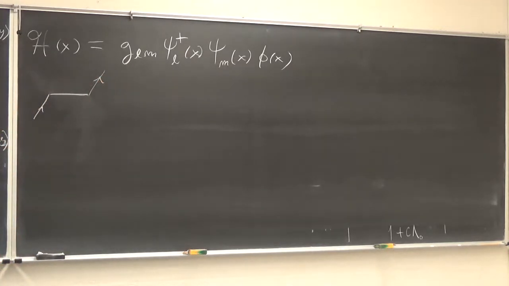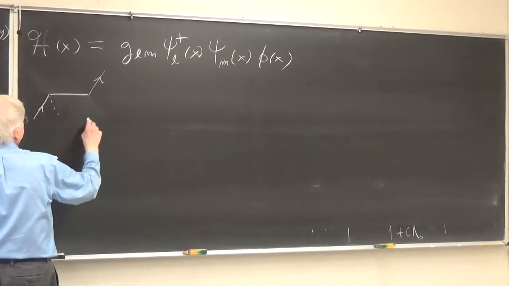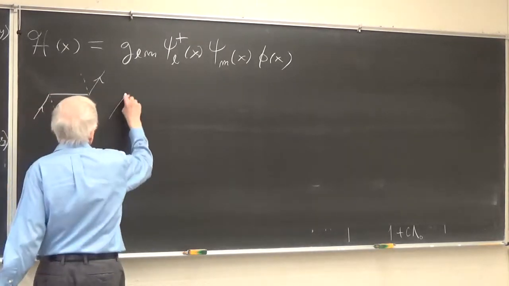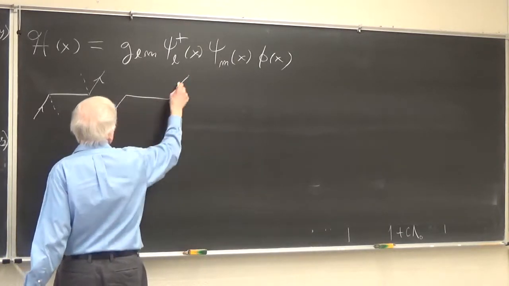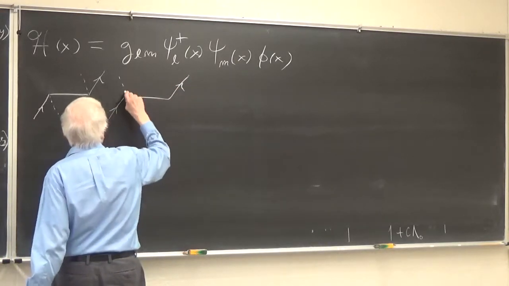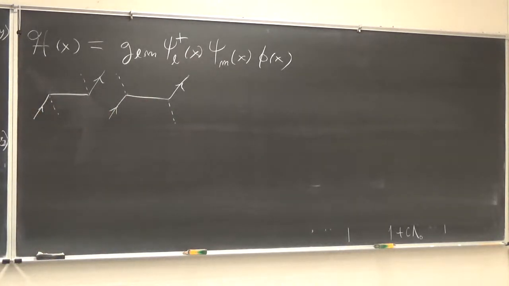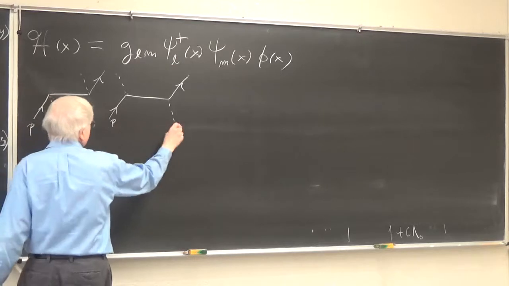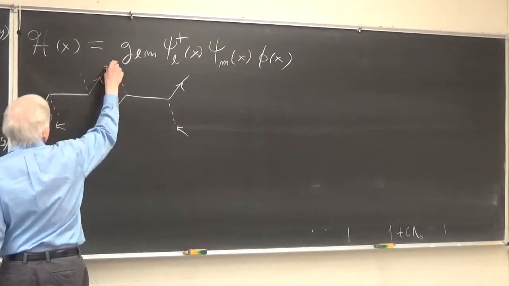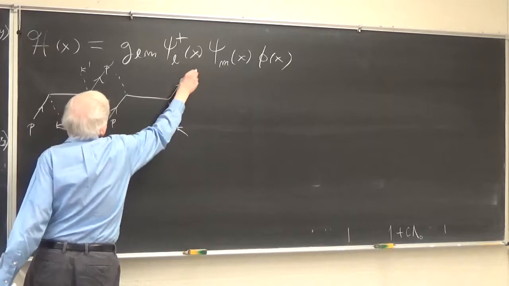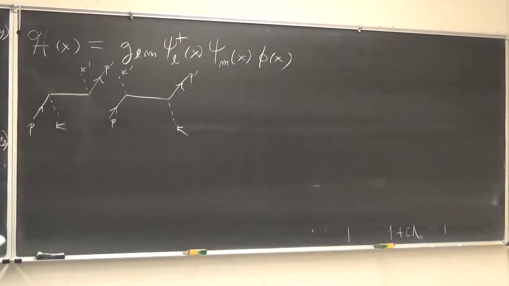And the boson can come in here and go out there, or you can have the same thing, but now have it go out there and come in here. And we can consider this to be P and K, and this is P prime, K prime. And in the notes, I go through this in detail, and I think we did it in class. Do you want me to repeat any of it?